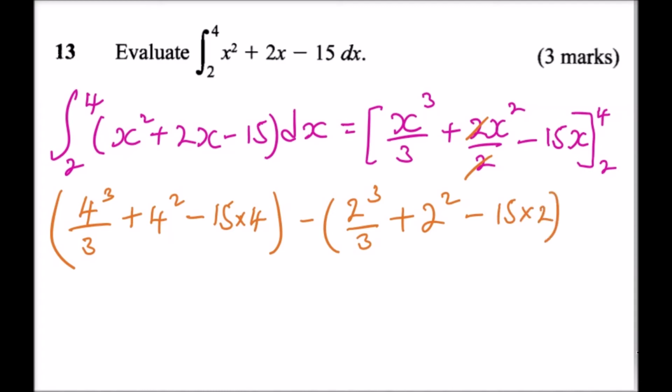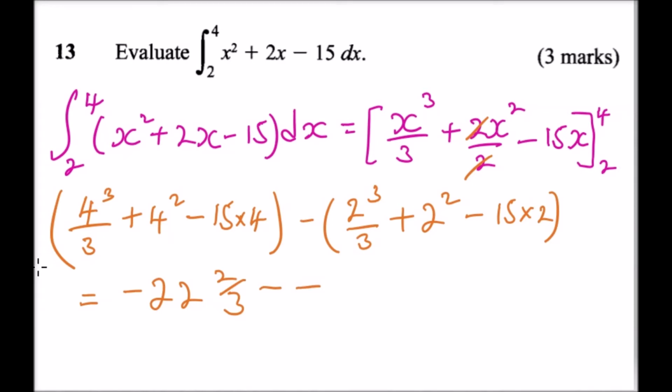When you compute this, you can use your calculator. You will be able to get minus 22 and 2 thirds. Don't write it in decimal, write it in fraction, because if you write in decimal, it will be an approximation and you will not be able to get the correct answer.